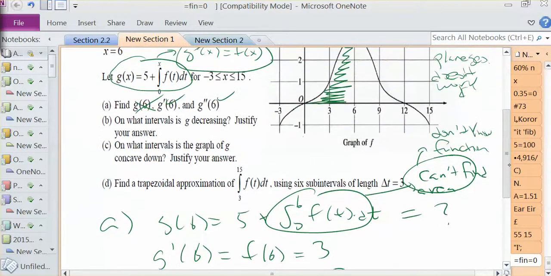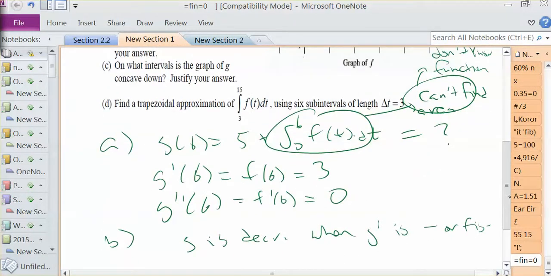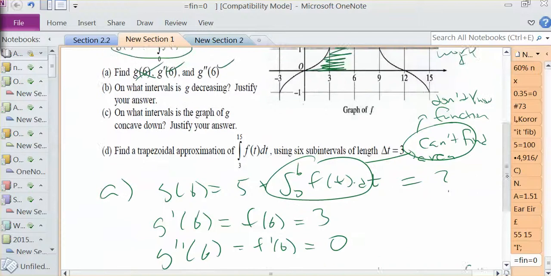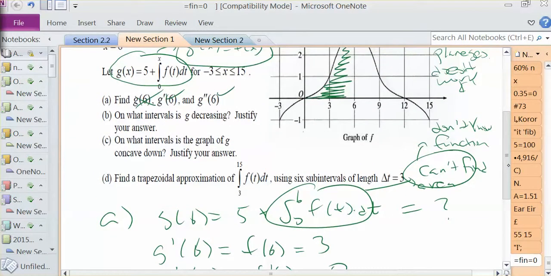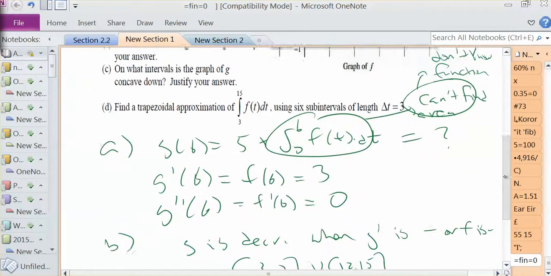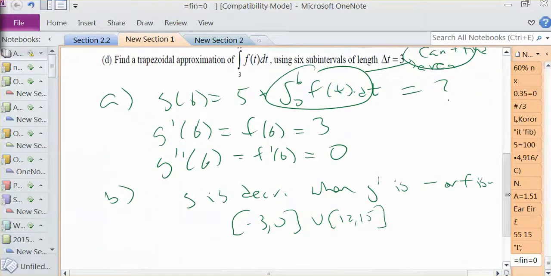Well, where is f negative? So if g is decreasing, g prime is negative, or f is also negative. And that's going to be negative from -3 to 0 and 12 to 15. That's how we justify it.